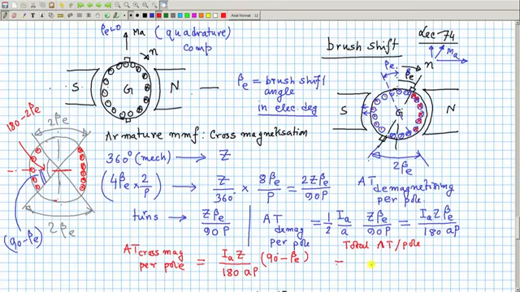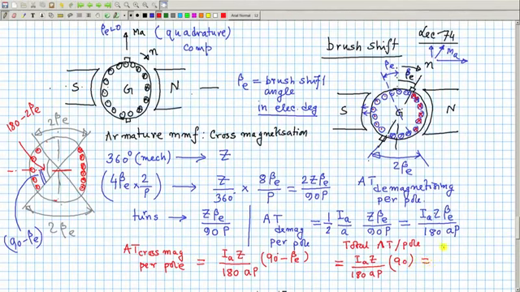If you add these two, it will be equal to I A Z by 180 A P, A P comes common, and if you add these two, beta E goes and only 90 will be left.